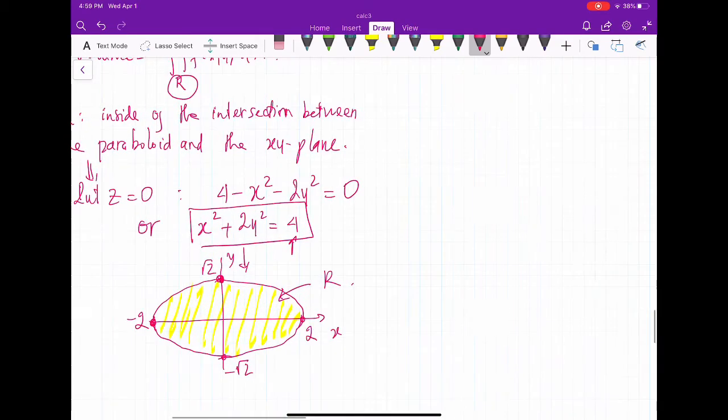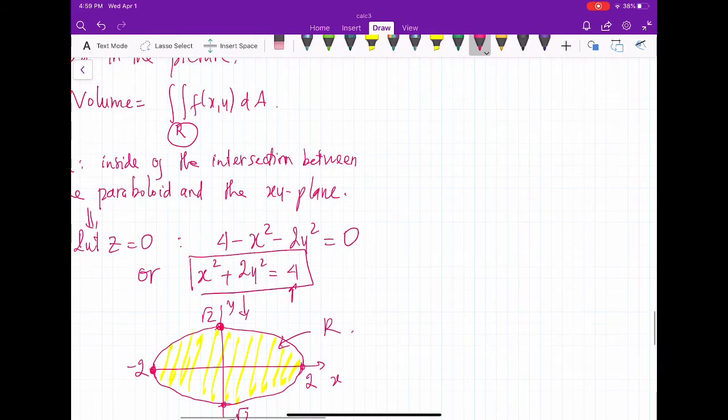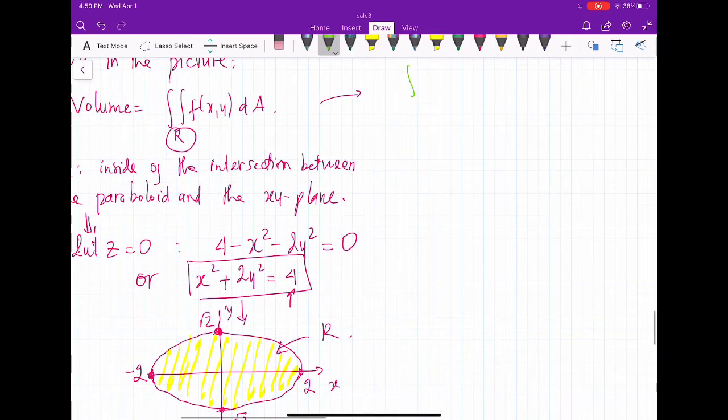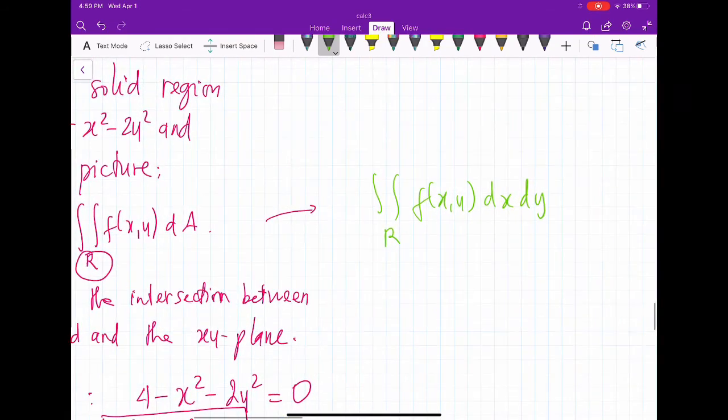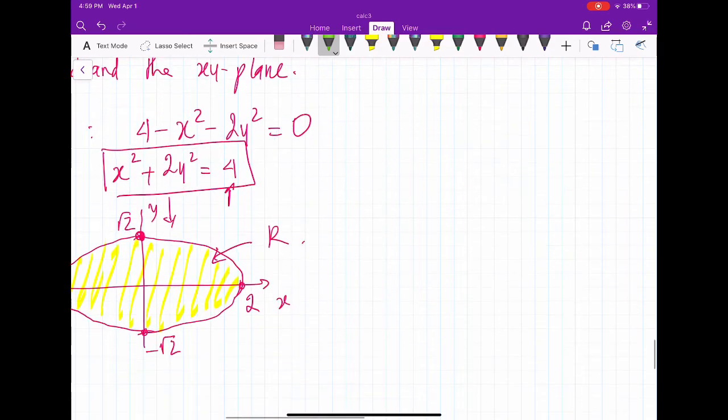The first case, I want to rewrite this integral in terms of what? In terms of the integral on R of f of xy, dx dy. Agree? So that means in this situation, we need to fix y, and then we need to find the interval of x. Make sense? Look at this picture.